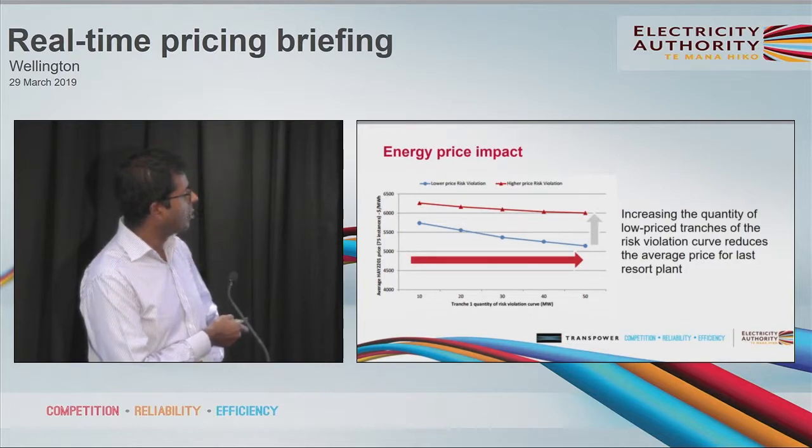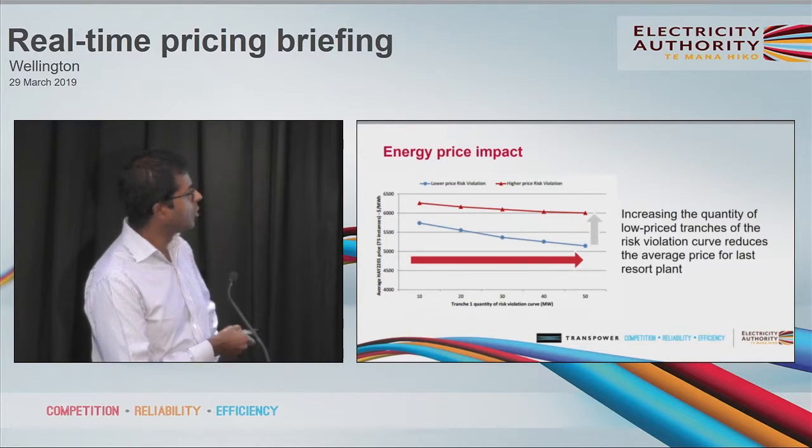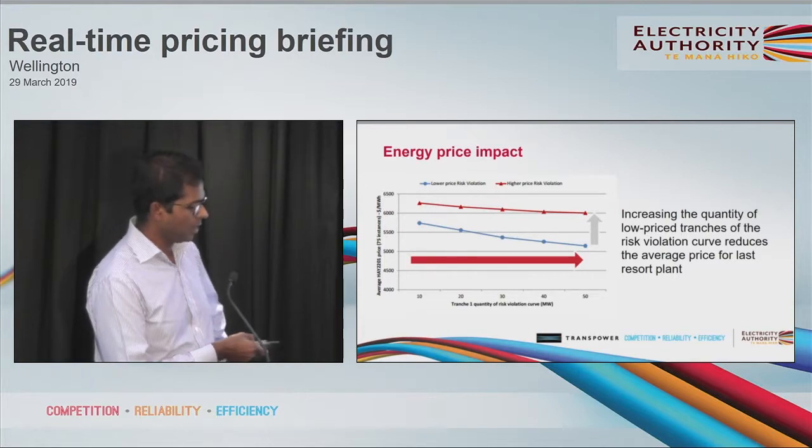As you make that tranche wider, you start reducing the price signal, because you start undercutting market offers more and more as you make that first tranche wider and wider. So the risk is that if you make that tranche too wide, you reduce the price signal.